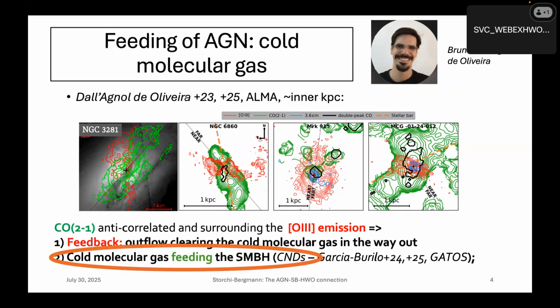The green contours are cold molecular gas observed with ALMA, and the red contours are ionized gas, so we see outflows in all these galaxies, and the outflows are anticorrelated with the CO. CO is anticorrelated with the [O III] emission that we know is due to outflows. So we see the cold molecular gas also feeding the supermassive black hole in these AGN in circumnuclear disks.